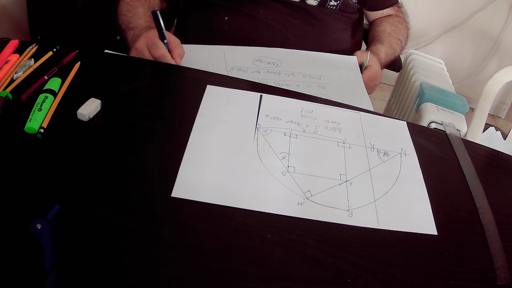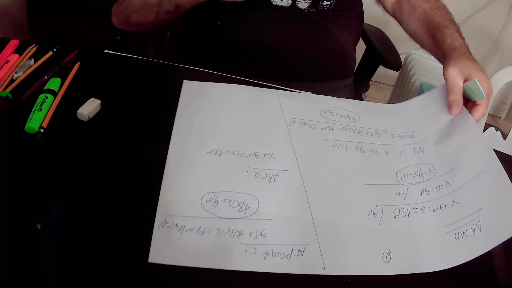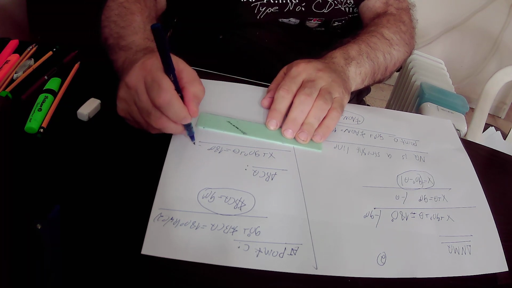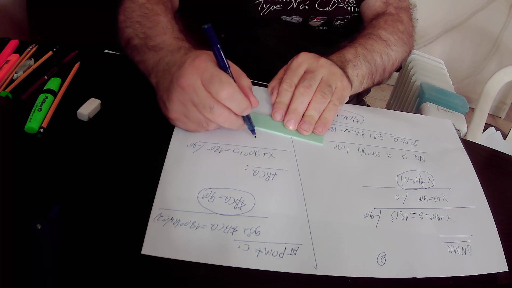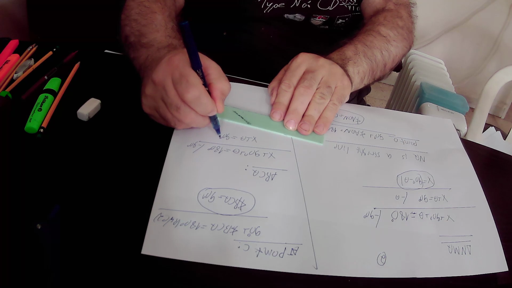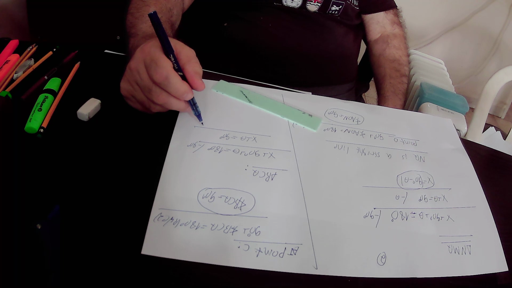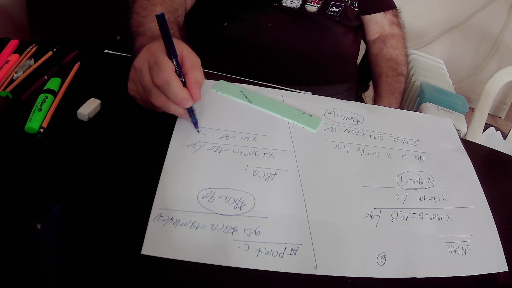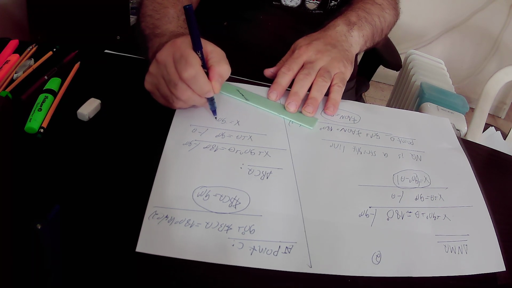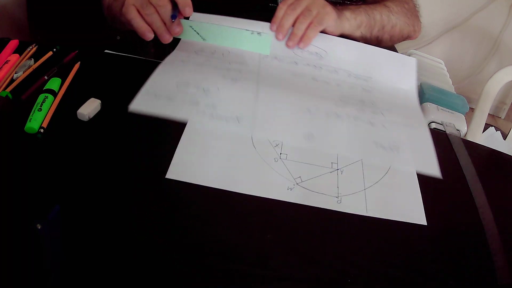In total, the sum of those three angles must be equal to 180 degrees according to the rule that the sum of the angles in any triangle is equal to 180 degrees. Here we'll subtract 90 degrees from this equation, and we get that x plus theta is equal to 180 degrees minus 90 degrees, it is 90 degrees. Here we'll subtract theta from this equation, and we get that angle x is equal to 90 degrees minus theta.